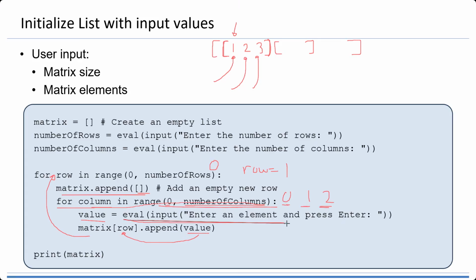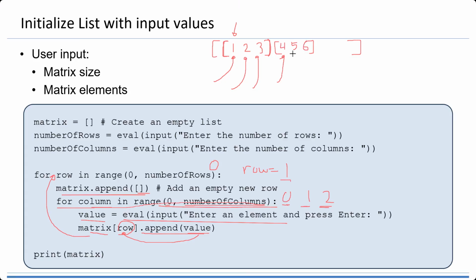Again, we will input one by one. The first input will be in the matrix on the position row, which is index 1, and we append the value. Let's say we input 4, then it will be in this position. Now I'm going to put another value, which is 5, for example, then it will be in this position. I append another value, let's say 6, so it will be in this position.